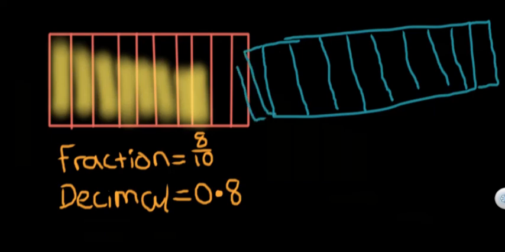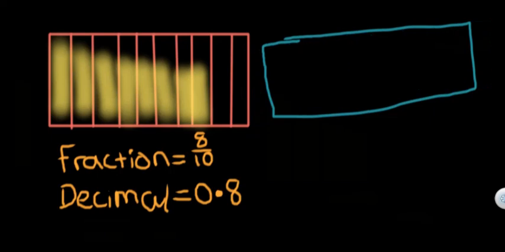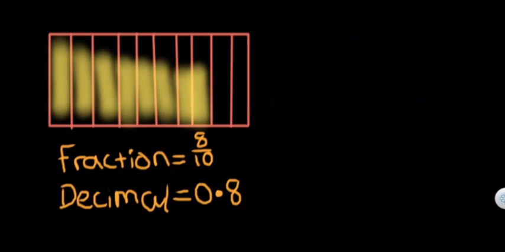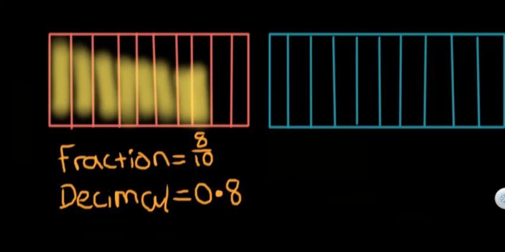Oh, actually, no, instead of this, it's not so clear. A minute. Okay, so here I have a square cut into 10 equal parts. It needs to be 10 equal parts. You'll understand why later.